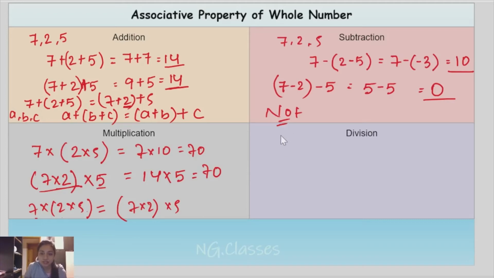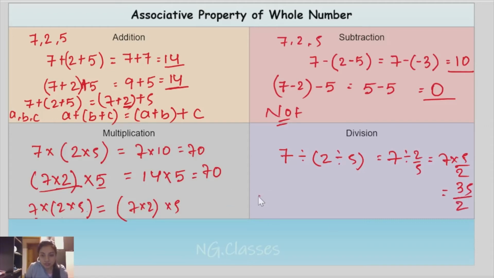Similarly, we'll do for division. So if I do 7 divided by 2 divided by 5, what will we get? We will get 7 divided by 2 by 5, or 7 into 5 by 2. And this will give us 35 by 2. When we change the thing and place the bracket at first, what will happen? 7 divided by 2 at first and then division sign 5.